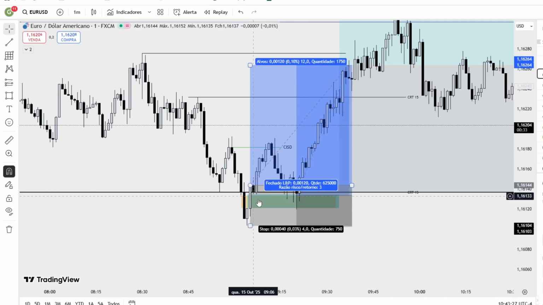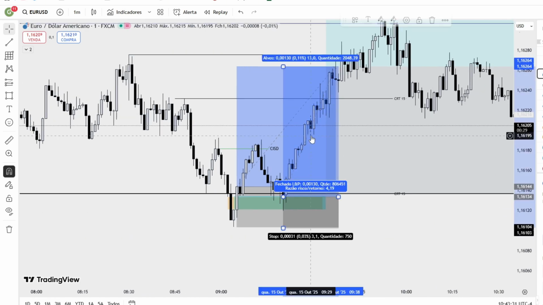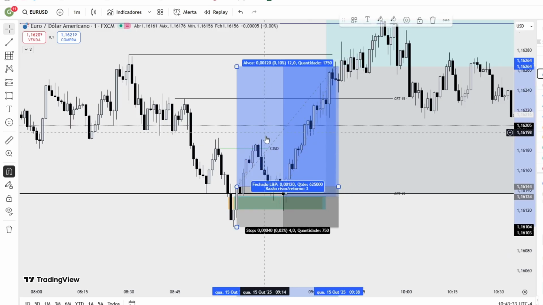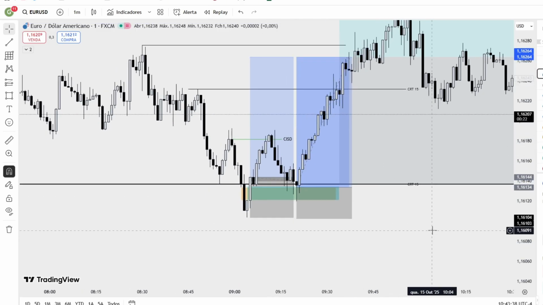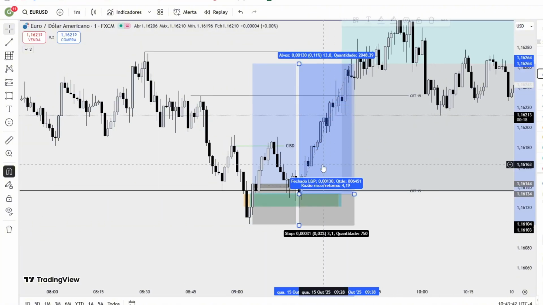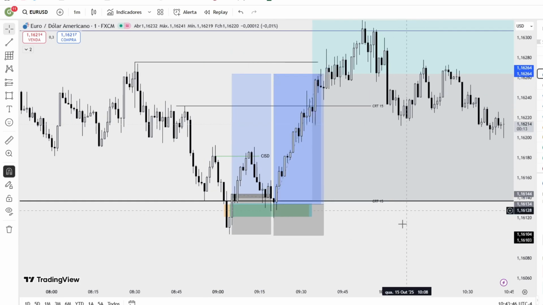In this case, both are at the same place, and take the trade for 3R. I took the 3R trade, but if you want to go more safely, you can do the retest entry and go long from here.